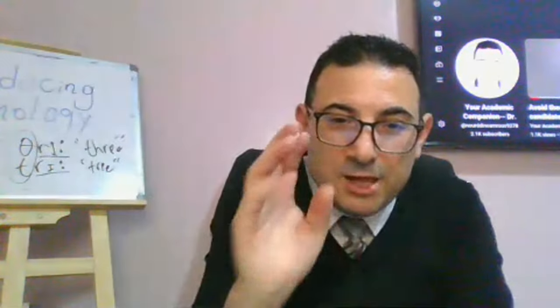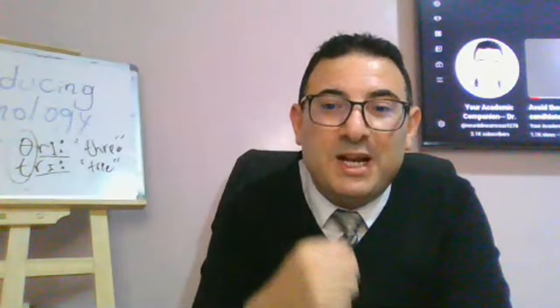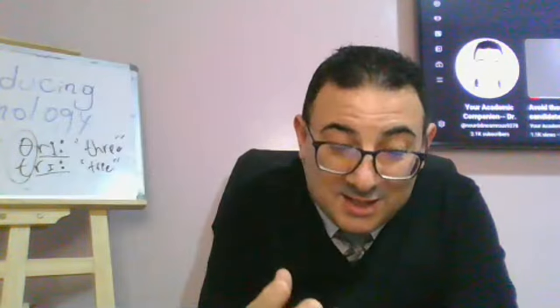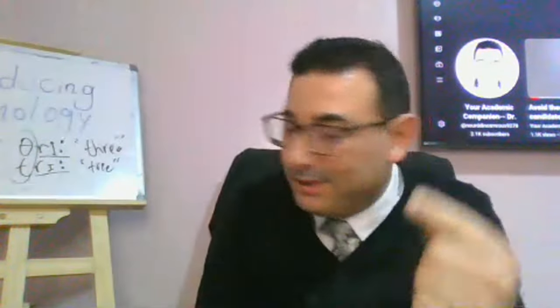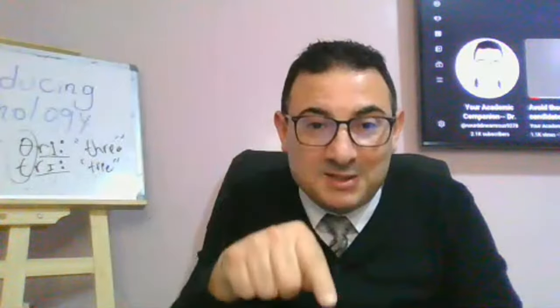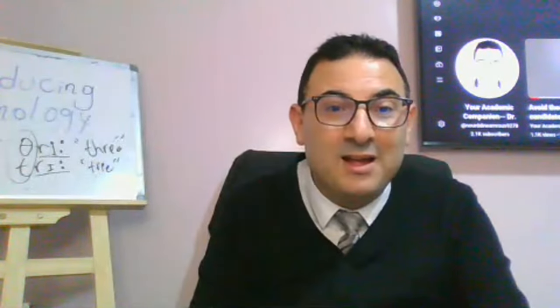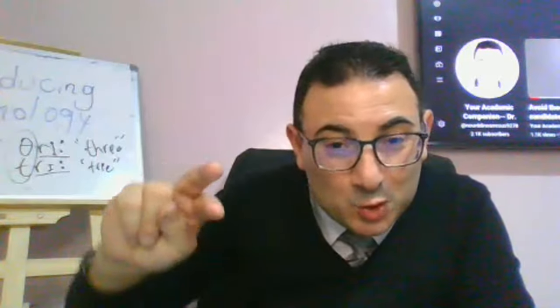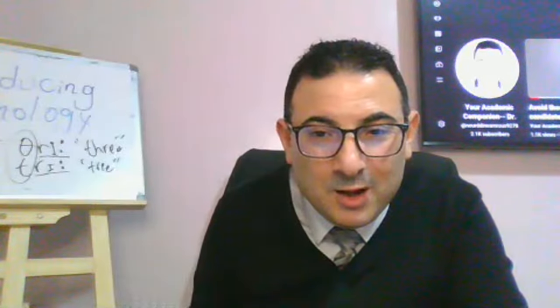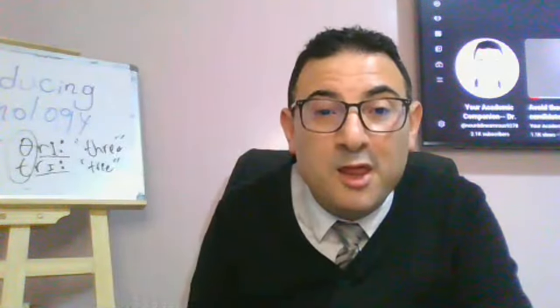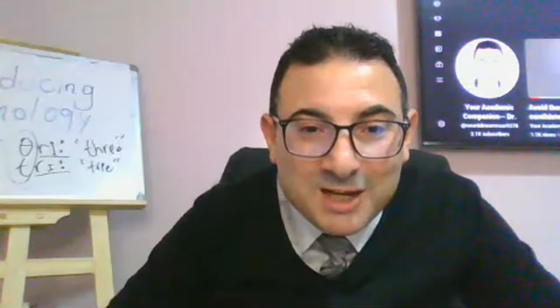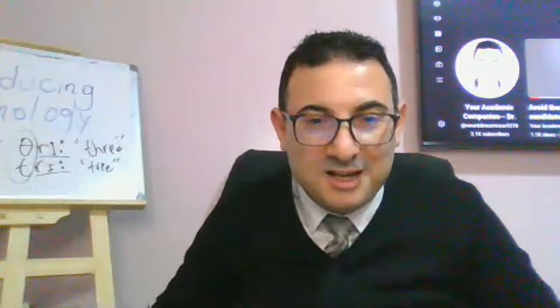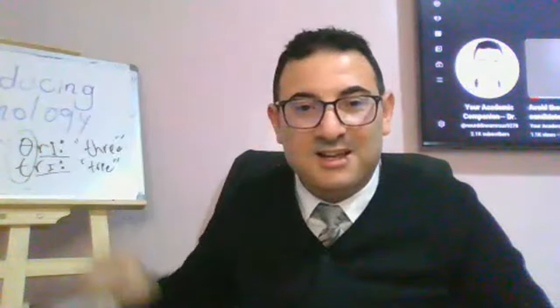Conclusion: when a linguist finds out that we have two words that are similar except for one sound, as is the case here, plus these words have two different meanings, the conclusion is that th and t are two phonemes. Th is a phoneme, t is also a phoneme.